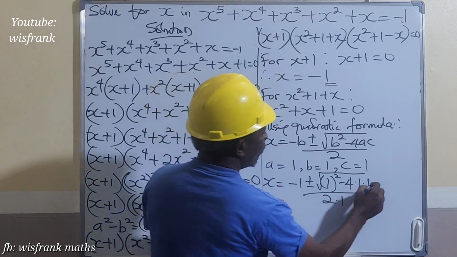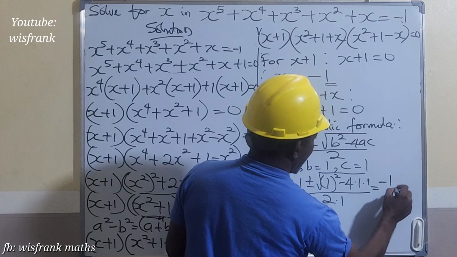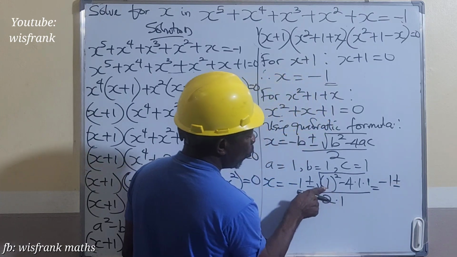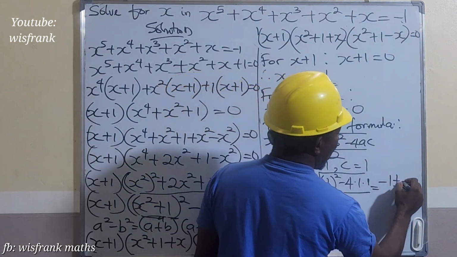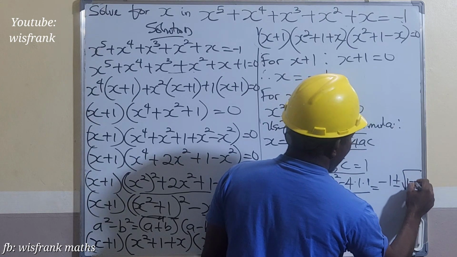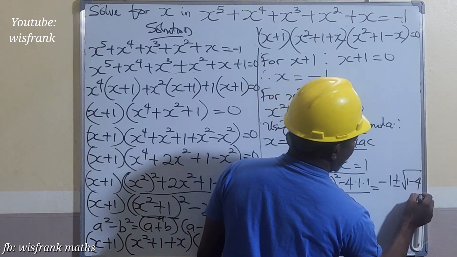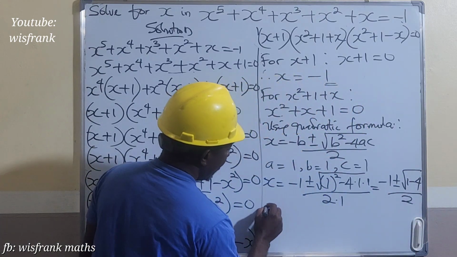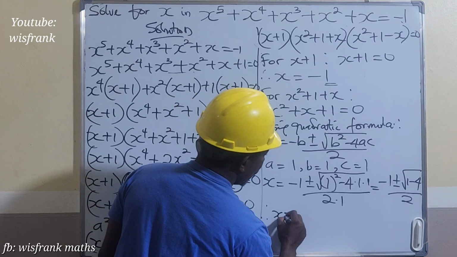So this becomes −1 ± √(1 − 4) over 2, since 1² is 1. Therefore, x = (−1 ± √(−3)) / 2.